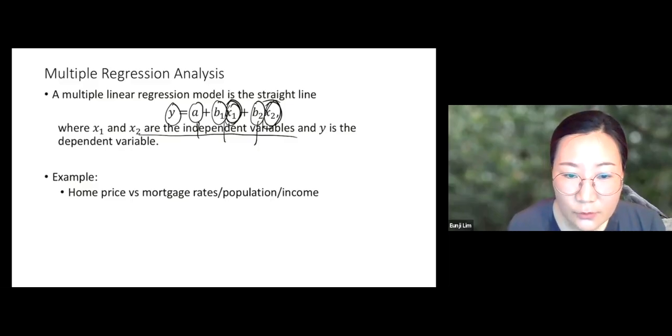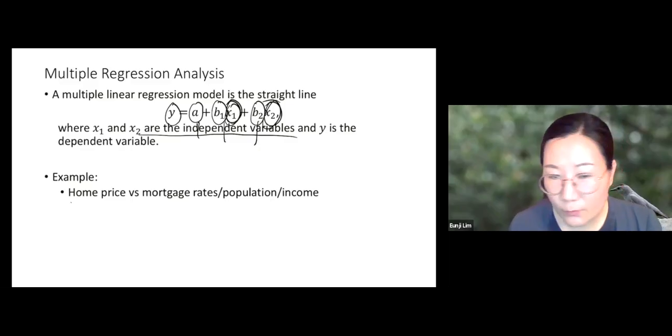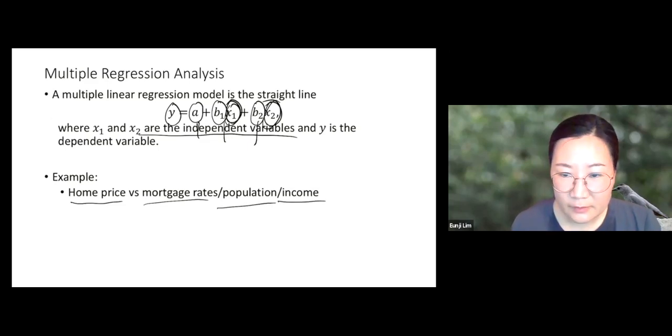So when should you use the multiple linear regression method? Let's take an example. Let's say you want to predict the average home price in Long Island, and the average home price depends on many factors. What factors will affect the average home price? The mortgage rates, how many people want to buy homes, and the average income level.